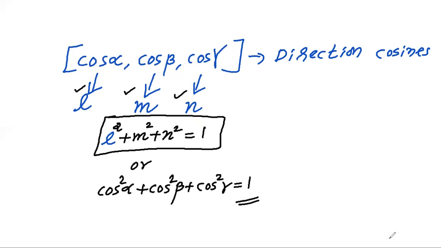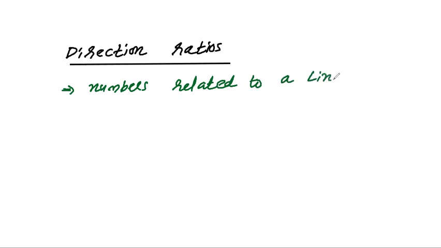Okay. Now let me move to the term direction ratios. I think you already know what I mean by direction cosines of a line. Direction ratios are also some numbers related to a straight line in 3D.